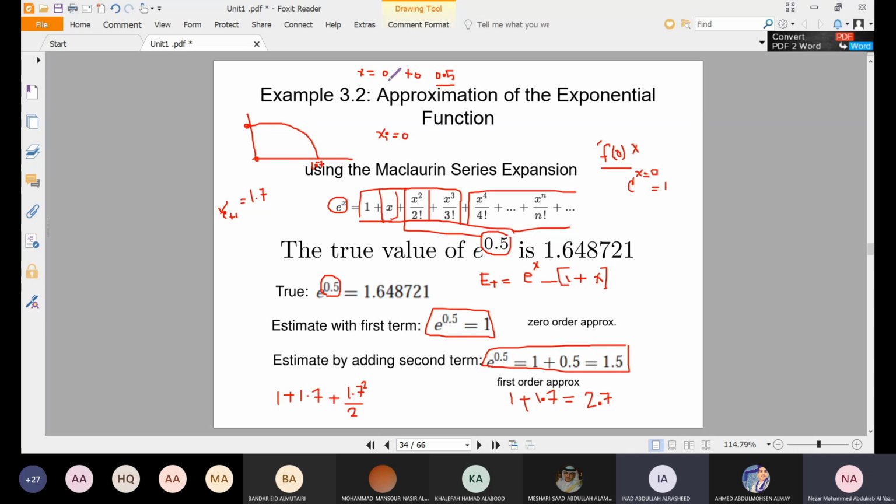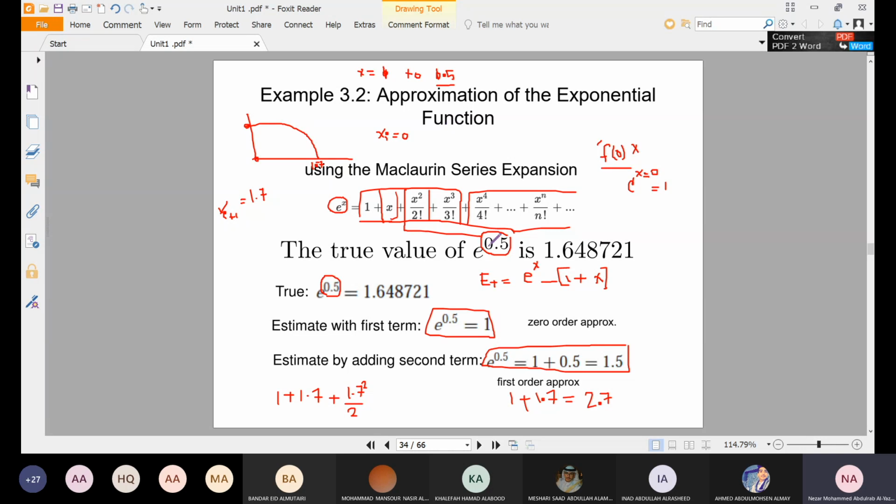We call this Maclaurin. If the first term is 0, we call this Maclaurin series. If this is not 0, for example this is 1 and this, for example, 1.5, so the first one is not 0, we call this the traditional or the general form of Taylor series. But if the first one is 0, we call this Maclaurin series, the simple way of Taylor series.